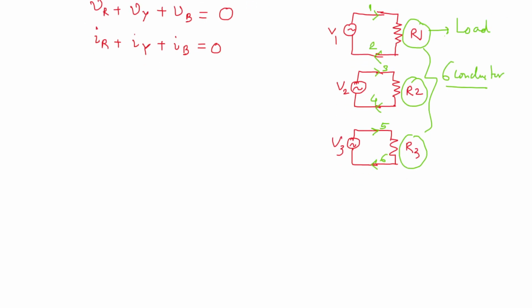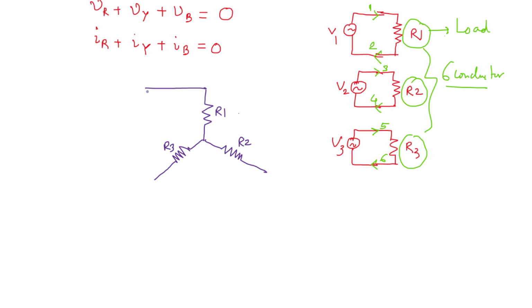Now suppose the three conductors are arranged like this. Suppose this is R1, let us say R2, let us say R3, the same three resistances.